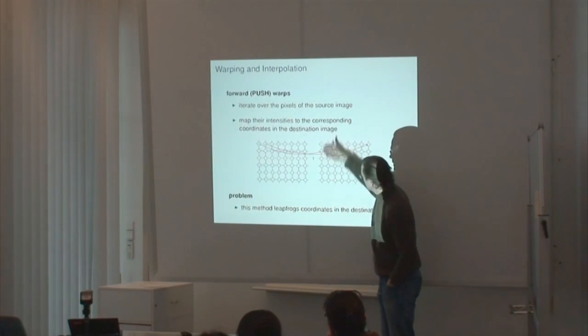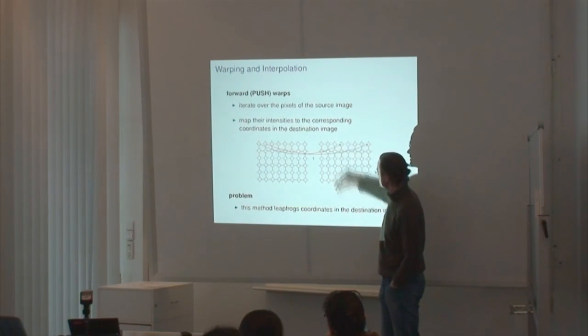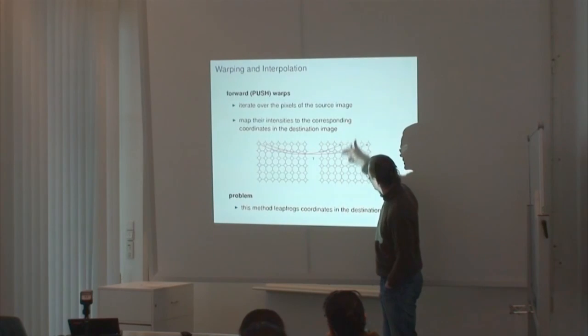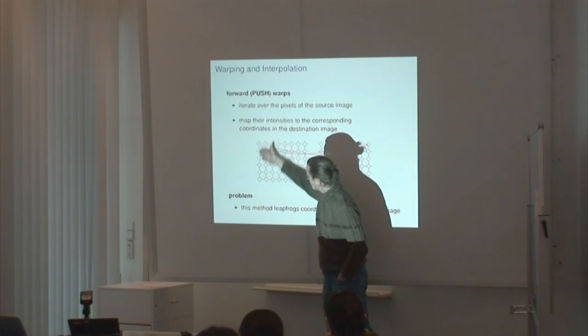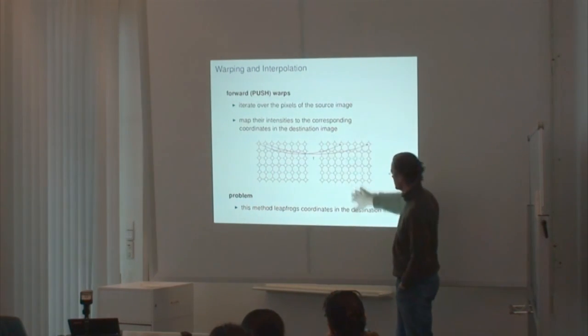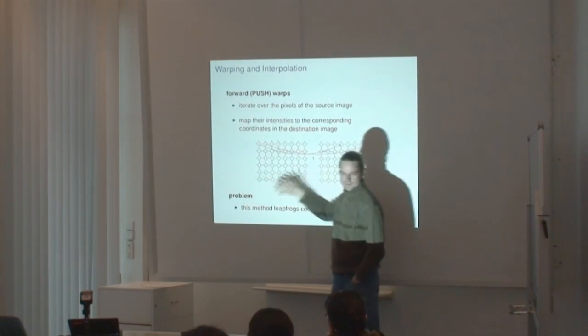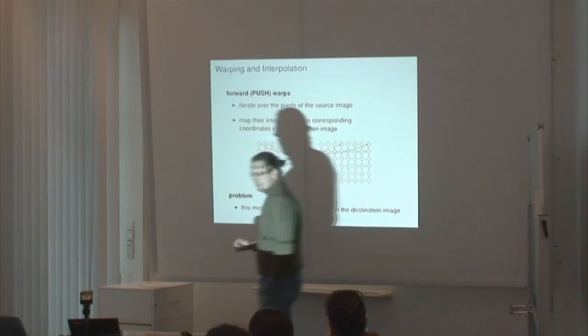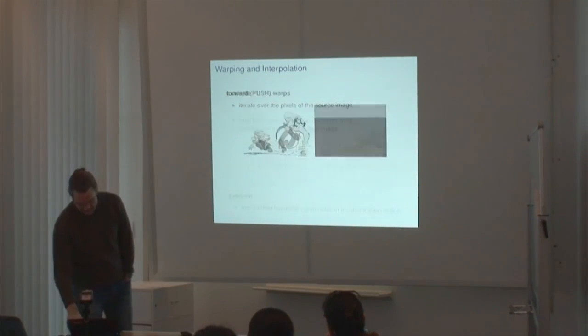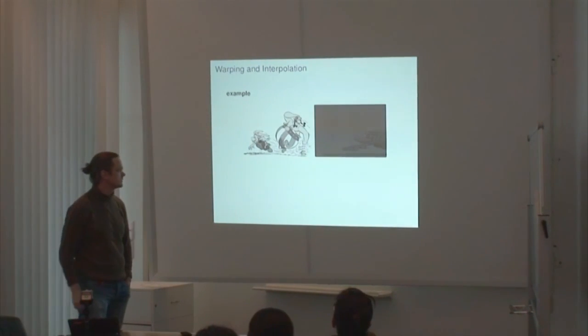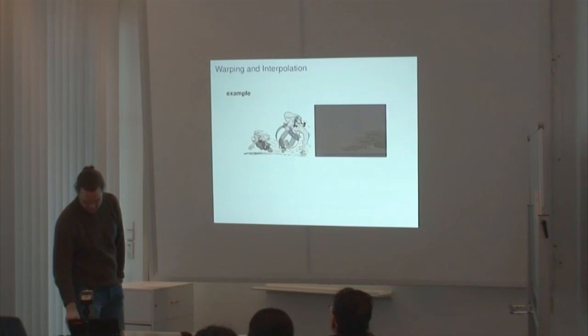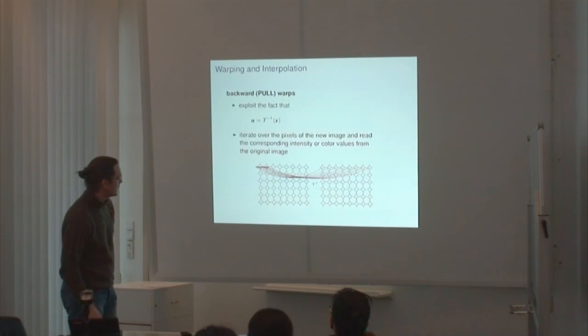That is to say there would be 3 columns here, totally 0, then 1 column that would have the intensity values of this column, then 3 columns totally 0, then 1 column that would have the intensity values of this column, and so on and so forth. To our eyes, that will look like this. And this is certainly not what we want to have, so what could we do?